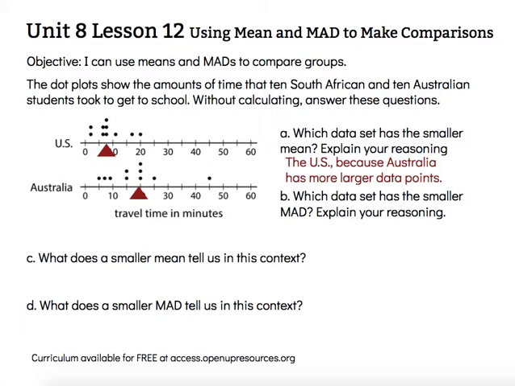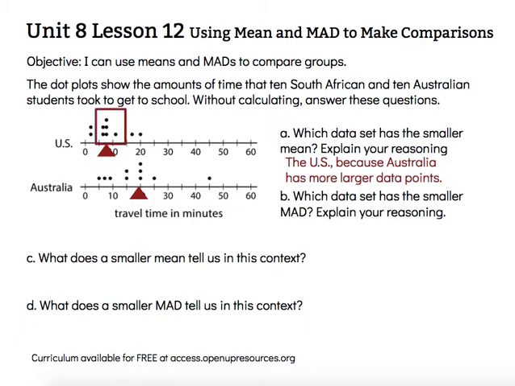Letter B, which data set has the smaller MAD? Explain your reasoning. Again, the MAD, or the mean absolute deviation, is one of the measures of spread. It tells us how close the data is together, and if there might be some outliers that might skew the data or affect the overall picture that we have of the data. So we look at where most of the data is located as it's centered around the mean.